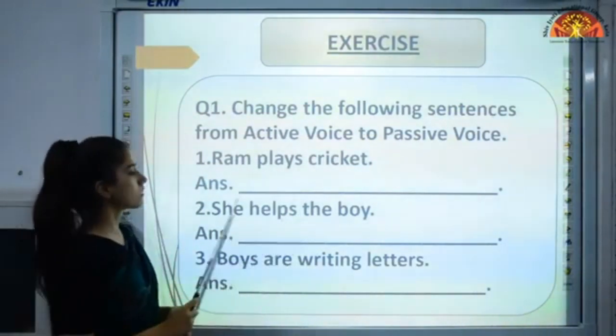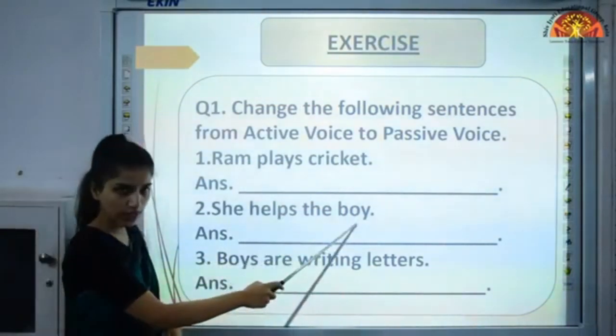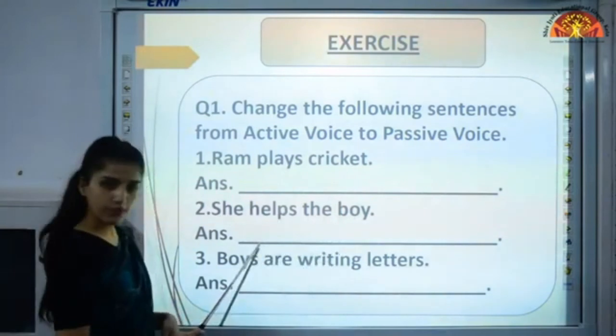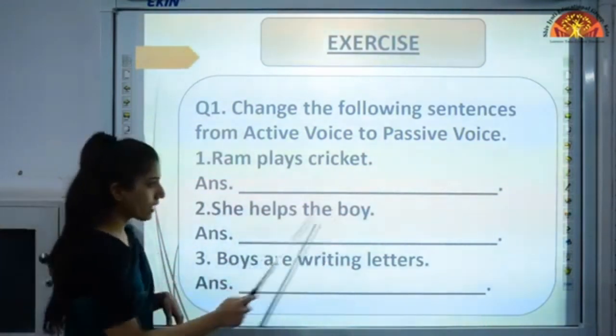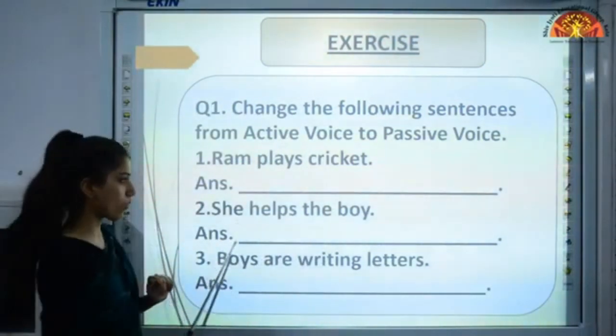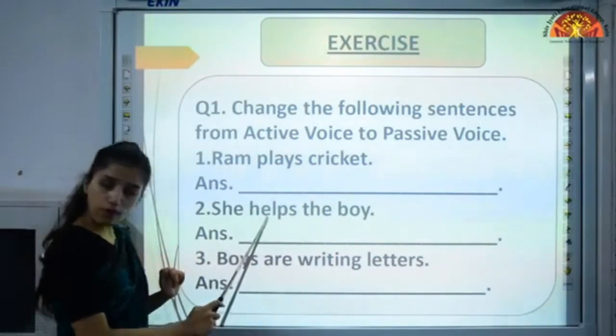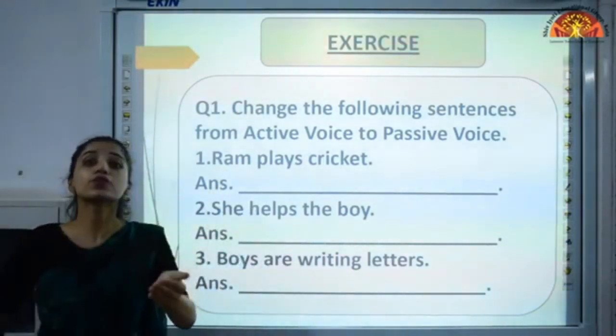Here the subject is she, helps is the verb, and the boy is the object. So the boy will come first when we convert this sentence into passive. So the boy is, because we are talking about one boy only over here. Third form of help, that is helped by, she will be converted into her.